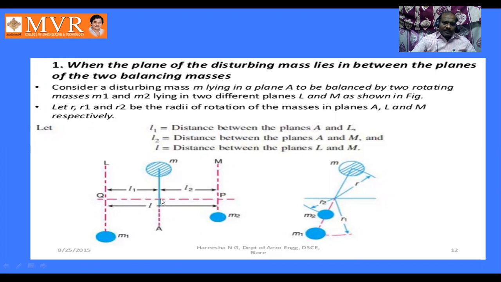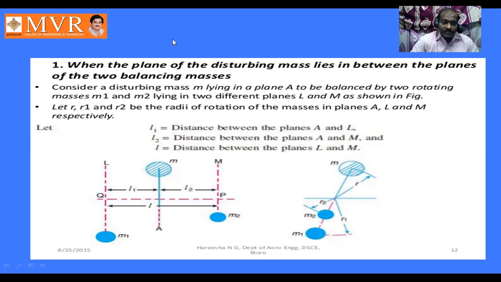And from m, the L1, L2 may or may not be equal, to bring mass m into a balanced state. Consider the disturbing mass m lying in the plane A to be balanced by two rotating masses m1 and m2 lying in two different planes L and M.